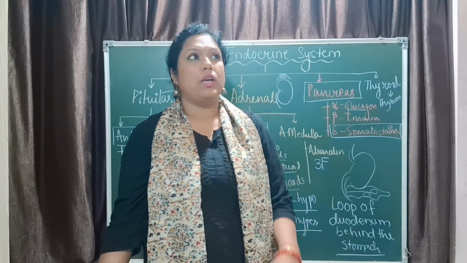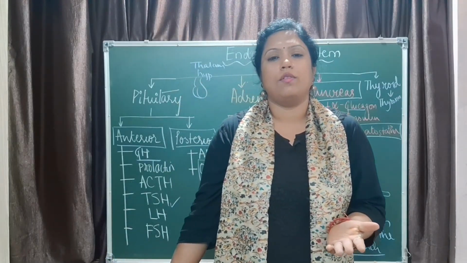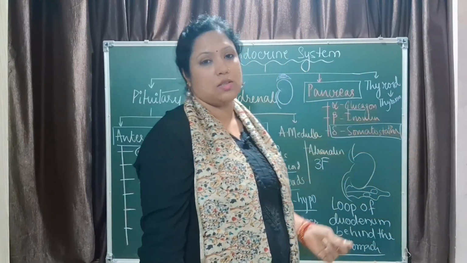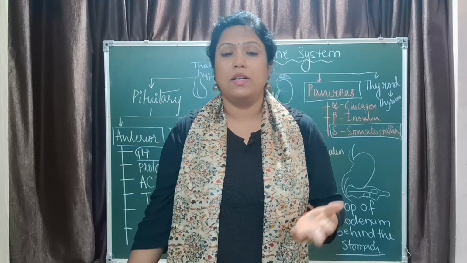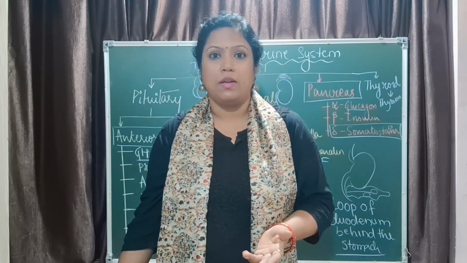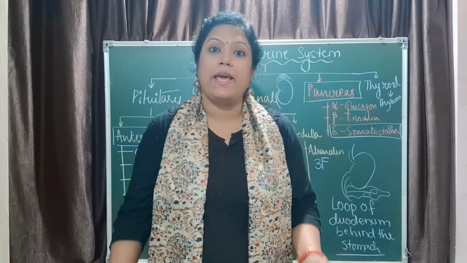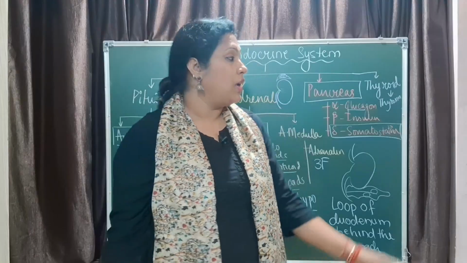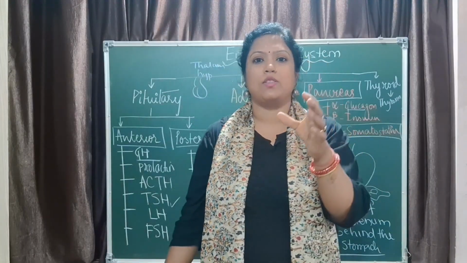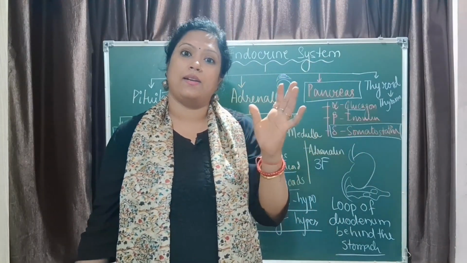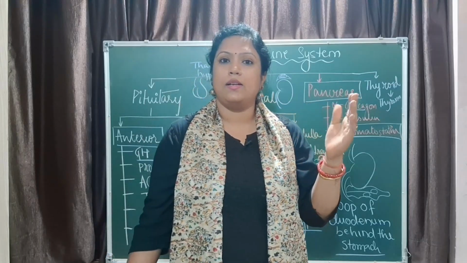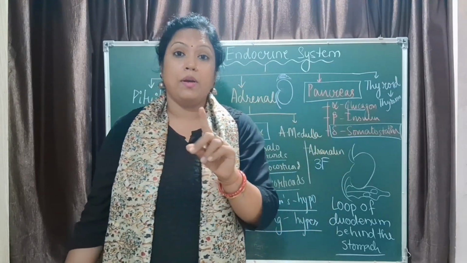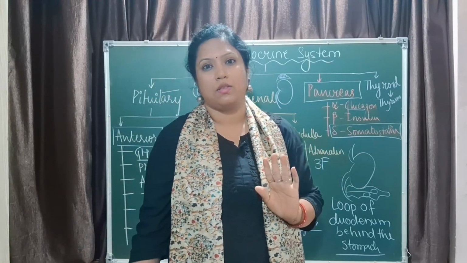Okay, so hyposecretion of thyroxine causes goiter, cretinism and myxedema, and hypersecretion causes exophthalmic goiter. Now myxedema happens in adults, cretinism in children, but both are hyposecretion of thyroxine.